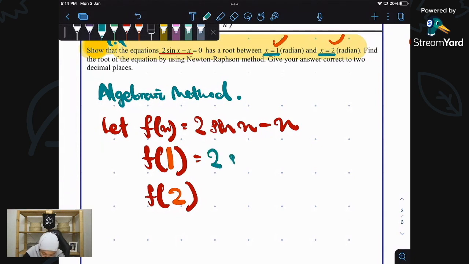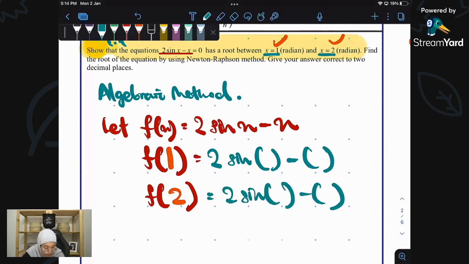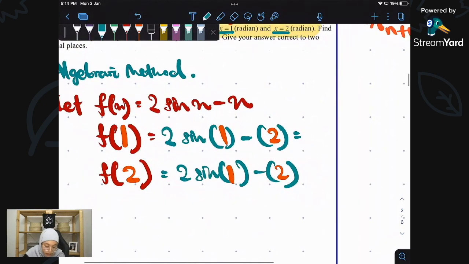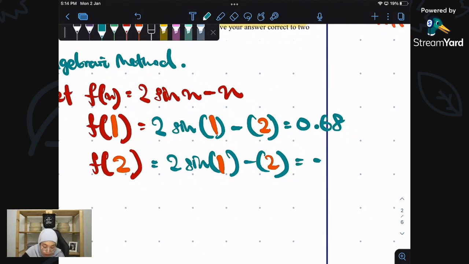So 2 sine. I just love to write down the framework first. I've been using this kind of method for a long time now. So the first answer, when you use the calculator, is 0.68, while the second answer is negative 0.18.